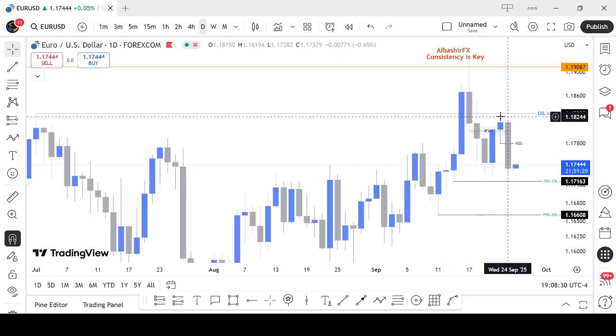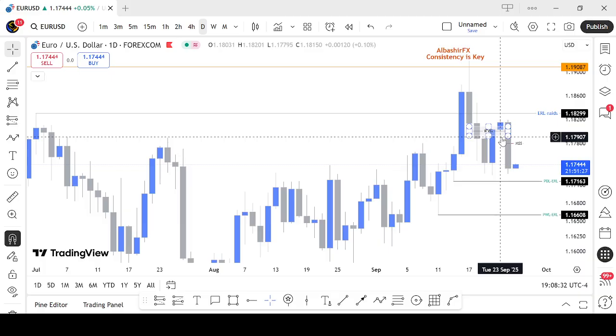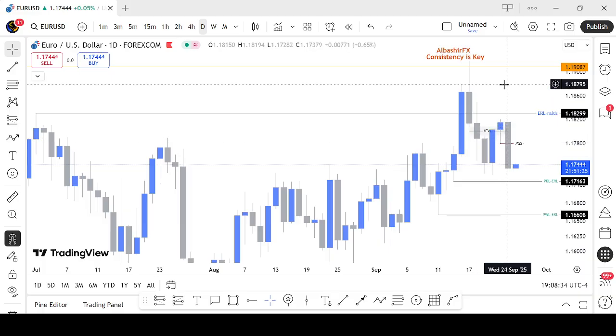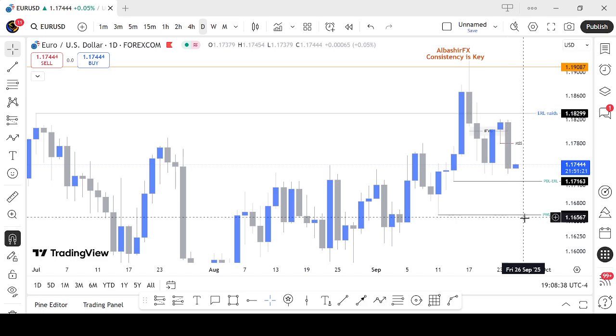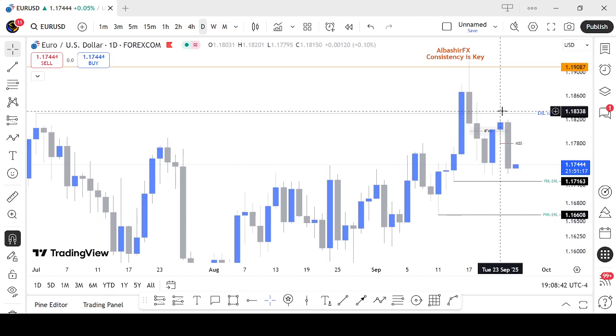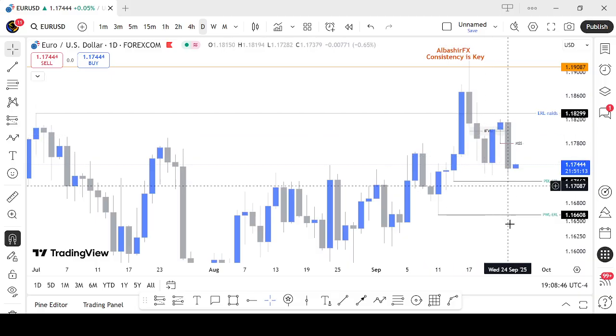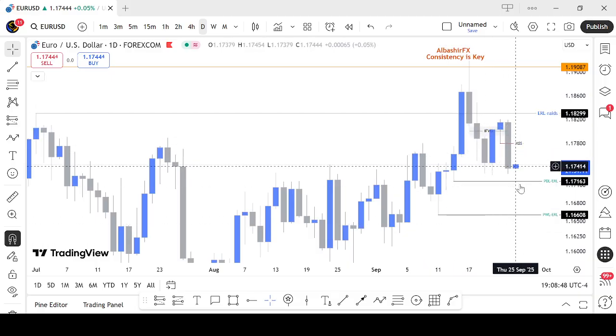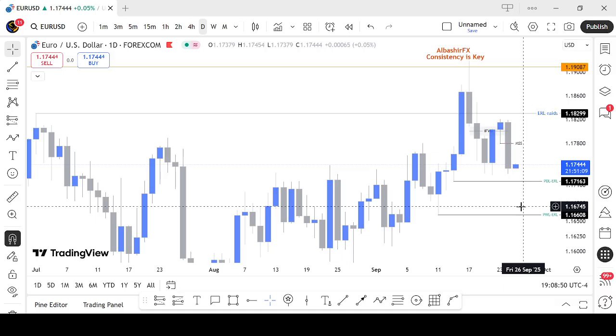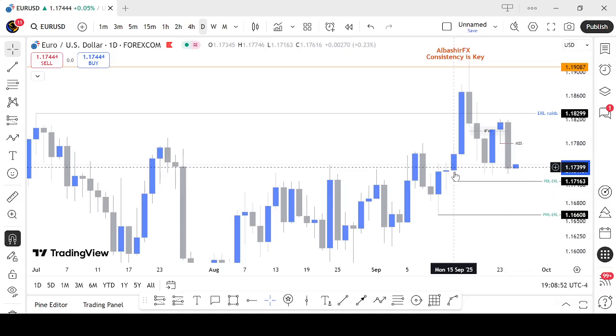And when we are trading at equilibrium, there are two things that are likely to occur: expansion into premium, then to discount. All right, so we have seen that price has expanded freely from the equilibrium to discount now, and we are going to continue to follow our institutional order flow.